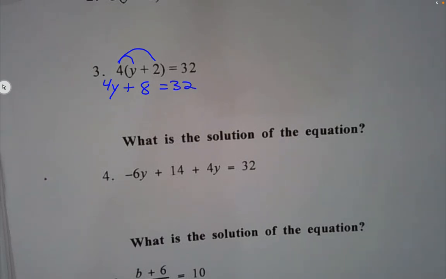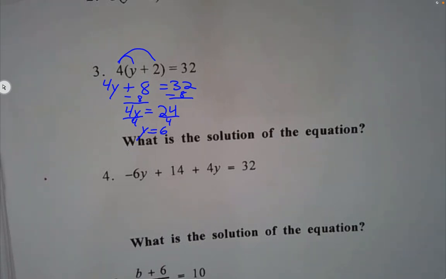Then what do I do? Subtract 8. 4y equals, what's 32 minus 8? 24. Then what? Divide by 4. And what does y equal? 6. There you go. So you distribute and then you move things around.